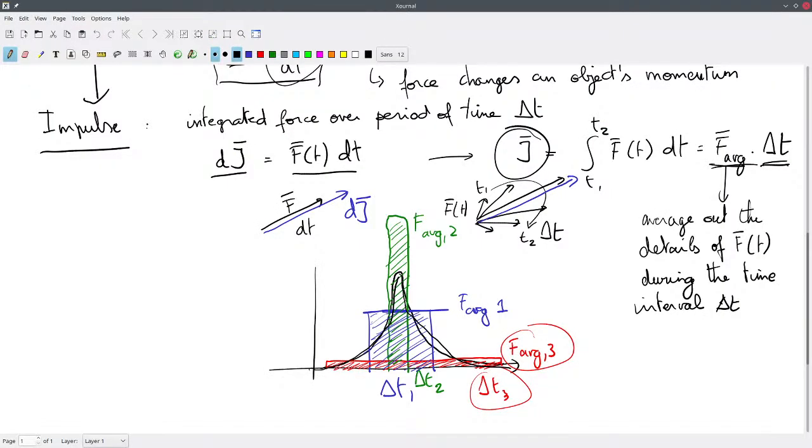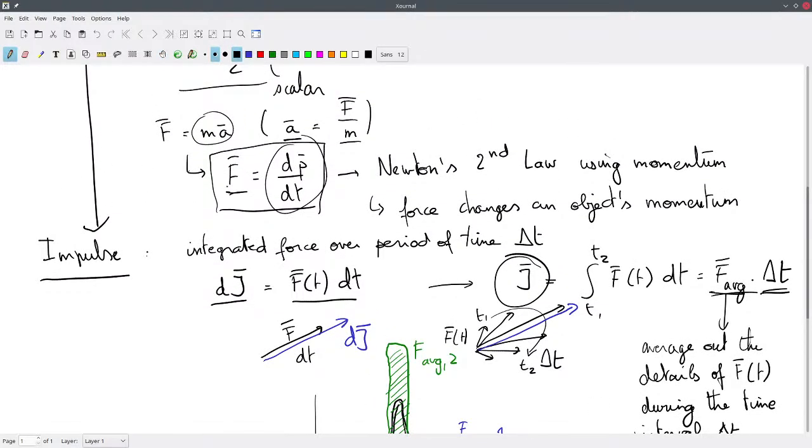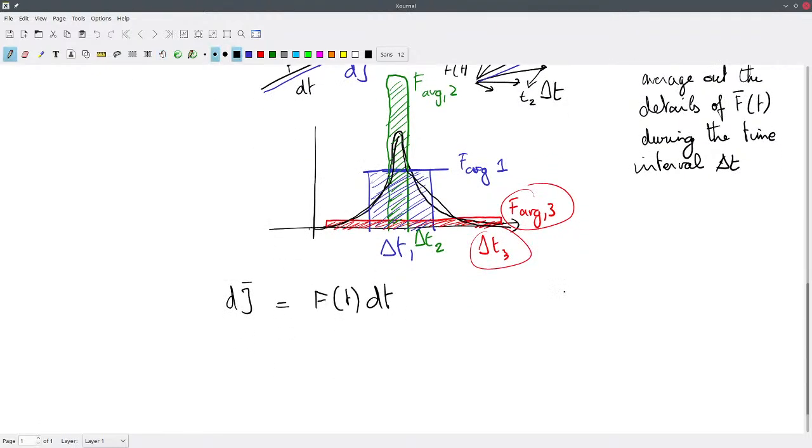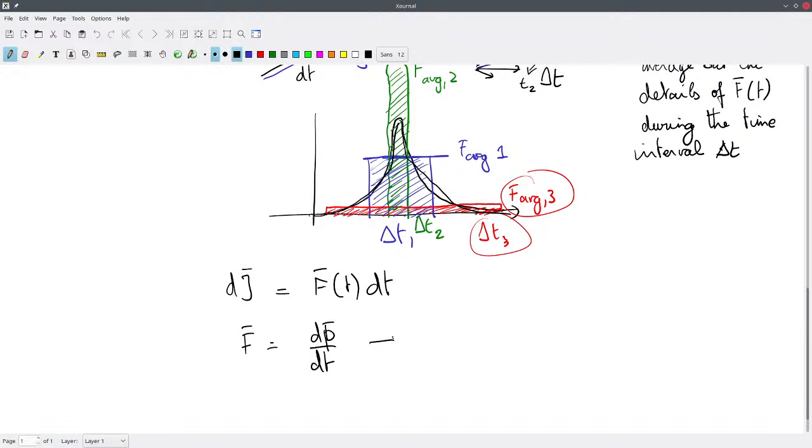Now, of course, the next step is how do we do something useful with this impulse? Well, we can look back now at our expression here, where force is dp/dt. So if we write everything we've learned till now, we have dJ is F of t dt, and we know that F is dp/dt. That means from the second one we can write that dp is F dt.